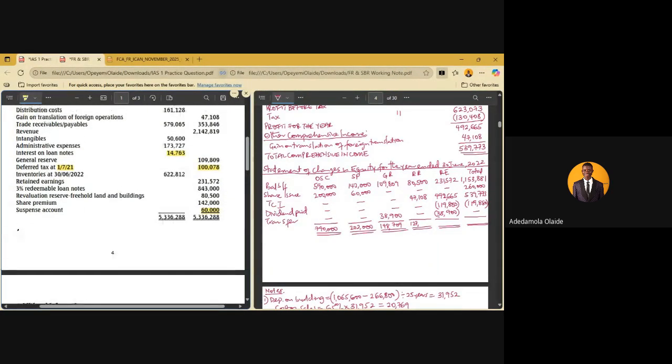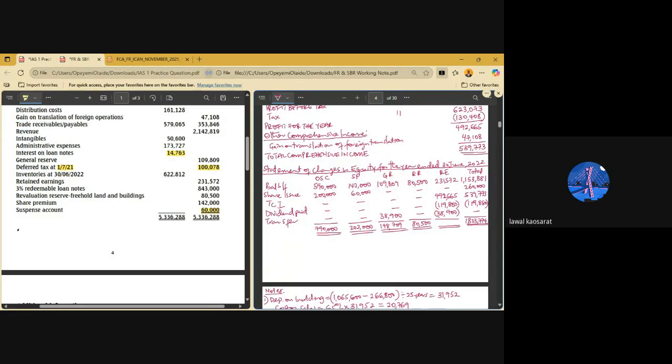So, you know, this gain on translation. The gain on translation is not supposed to come to our revaluation reserve again. The last one, how much? 1,833,774.